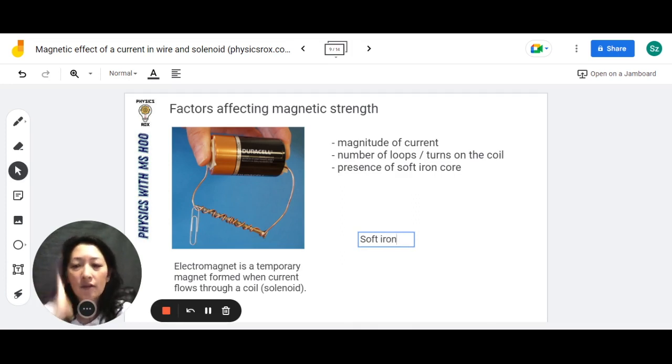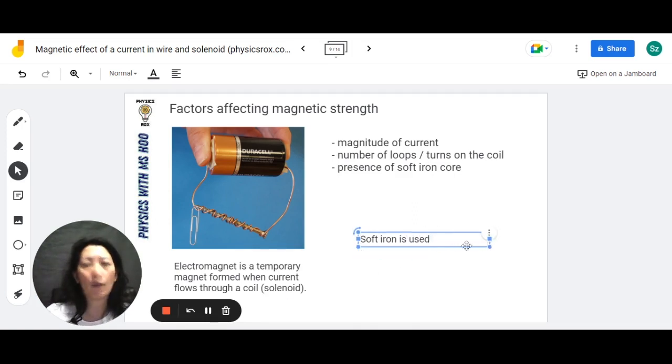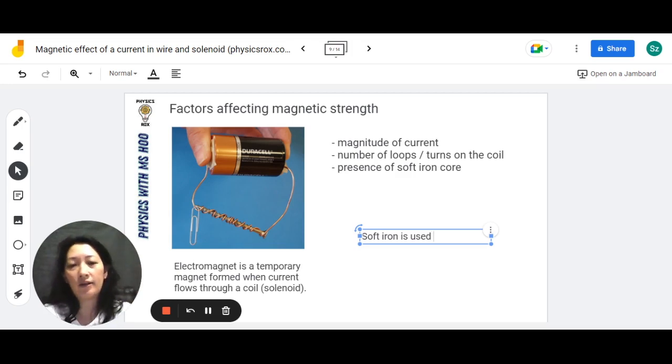So soft iron is always used. And this is a question you'll come across quite often when it comes to electromagnets. Like, why is soft iron or pure iron used? Okay, so how do you describe the reason? Soft iron is used in electromagnets because it easily magnetizes and demagnetizes.